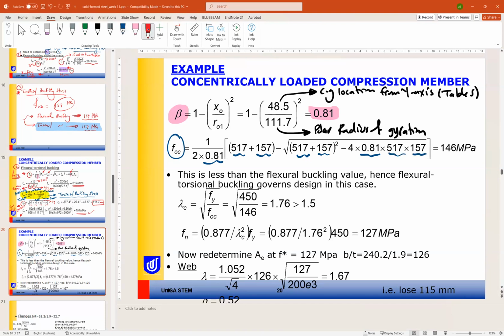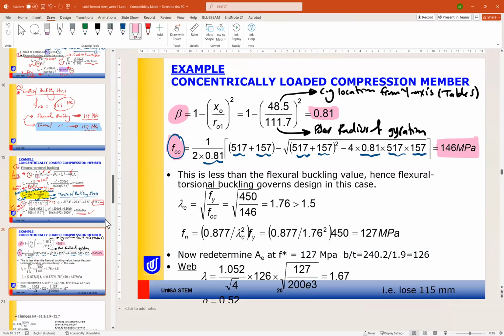So finally we got that FOC, or FOXZ in this case, is 146. So FOC, the critical stress due to flexural torsional buckling, is 146.